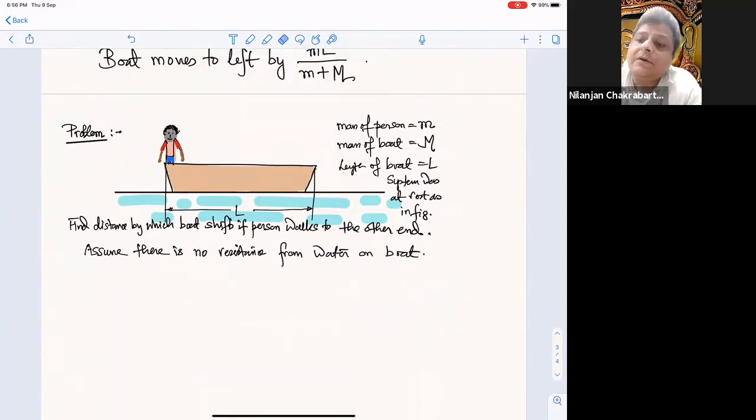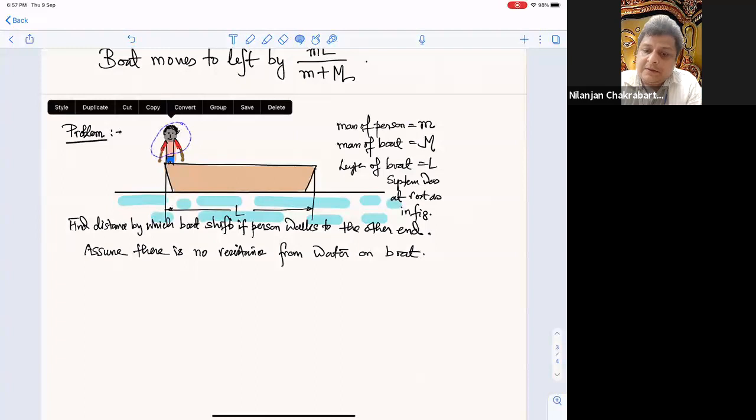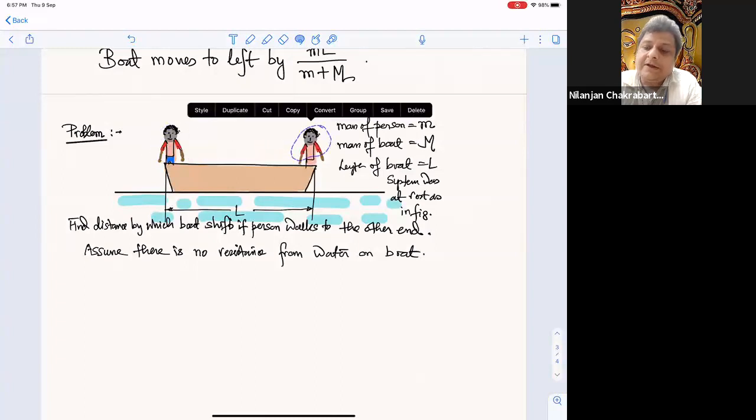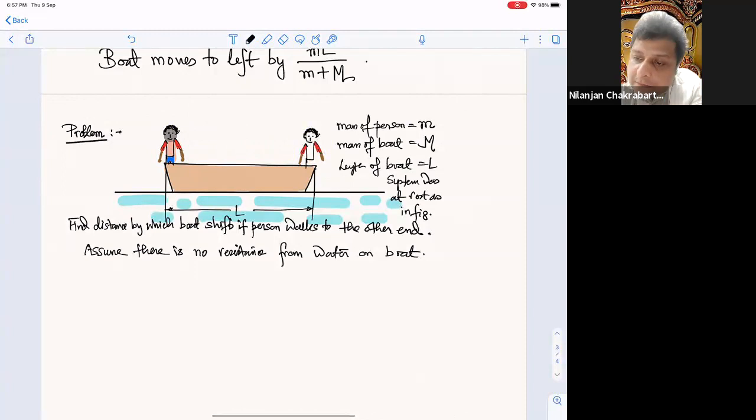Mass of... there will be two parcels here. Two parcels. If they are identical, there will be a problem. No? Okay. No need to be identical.